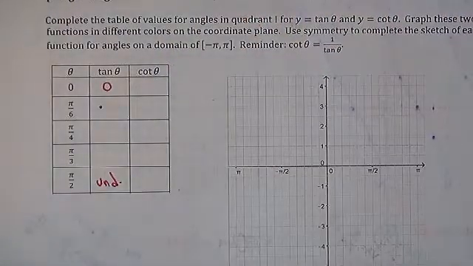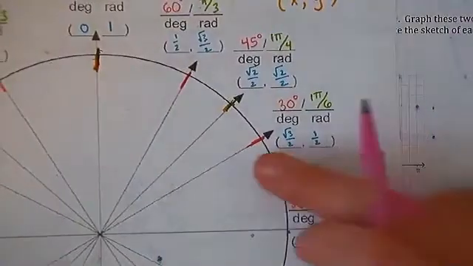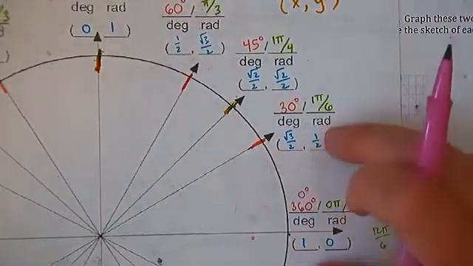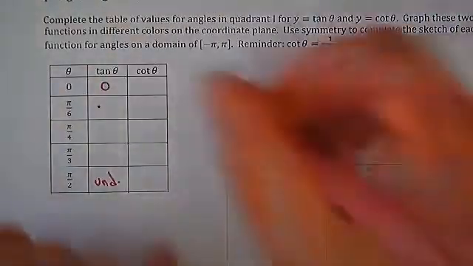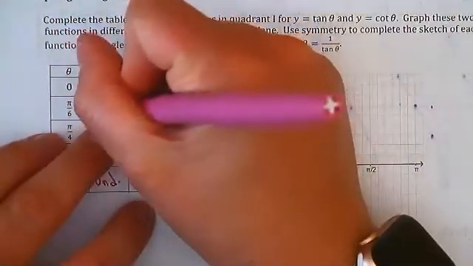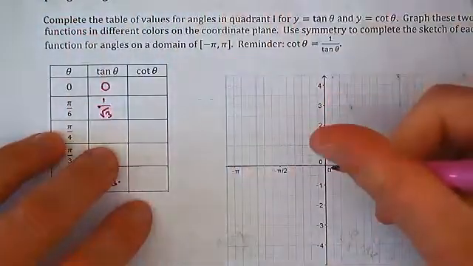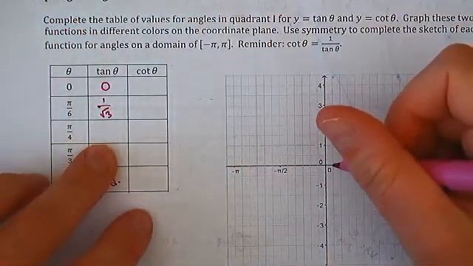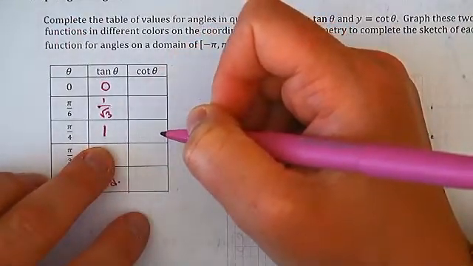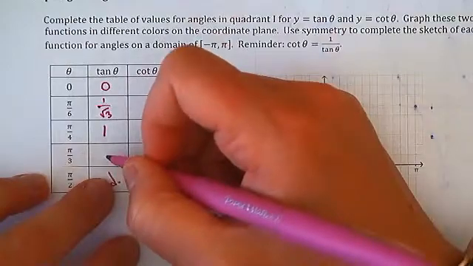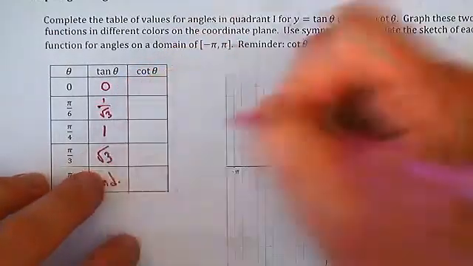If we use our unit circle, we do y over x, we do 1/2 divided by, and then do KFC, flip that, you get 1 over root 3. So that's how I'm going to write it instead of 0.6. Pi over 4 gets us 1. And then pi over 3 gets us root 3.